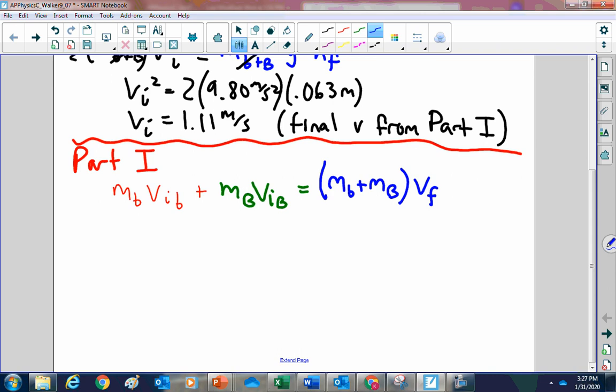The bullet is 9.5 grams, but let's put that into kilograms.